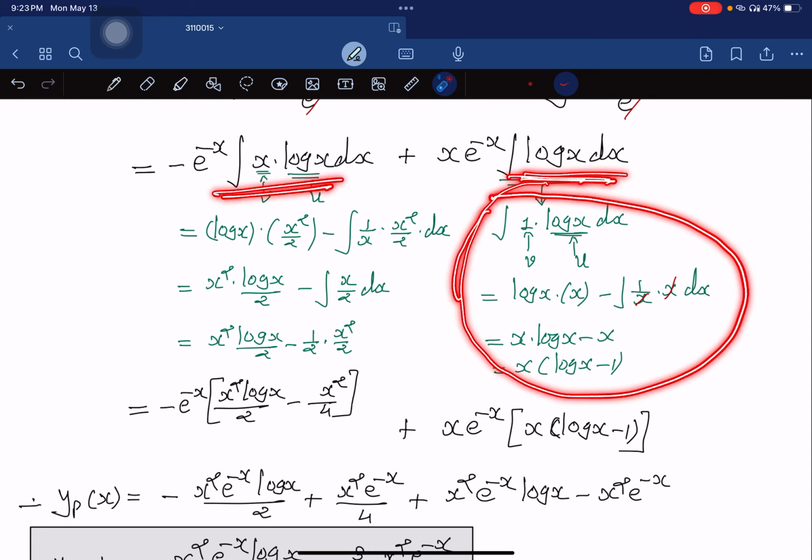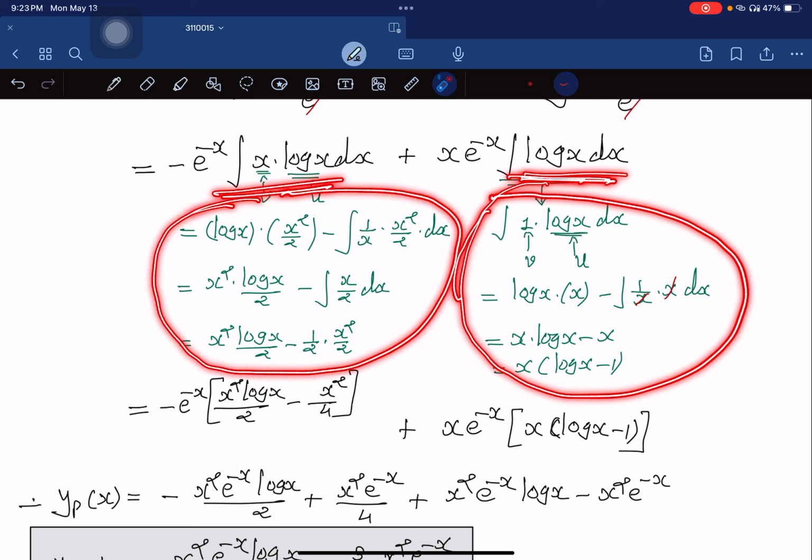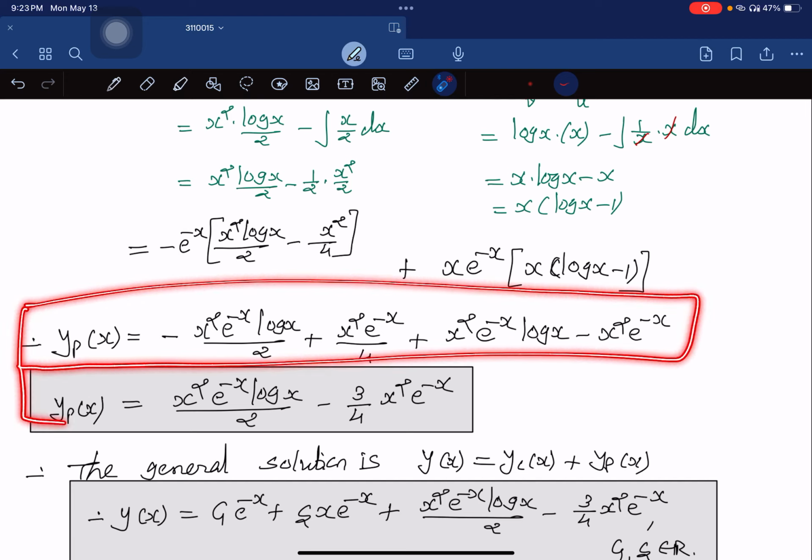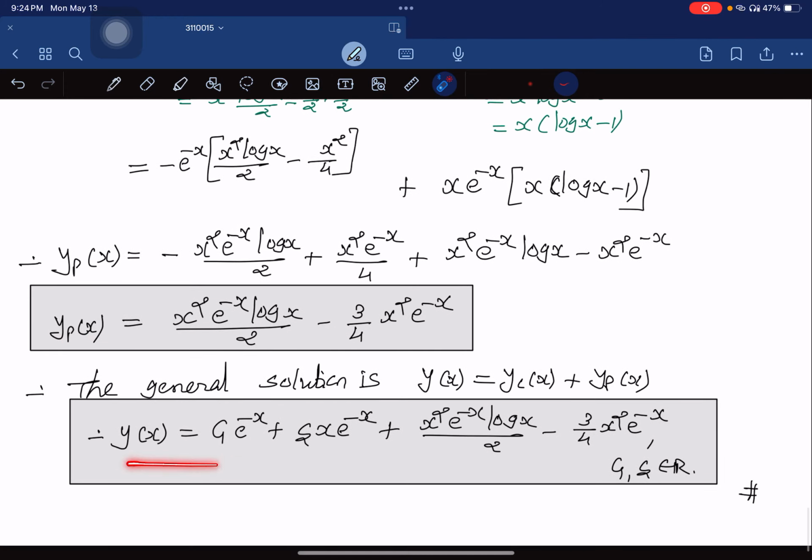What is integration of x log x? So this is how we find. You can write the answer, or you can mention the step. And therefore we have yp(x) finally, right? And therefore the general solution. So this is the variation of parameters method.